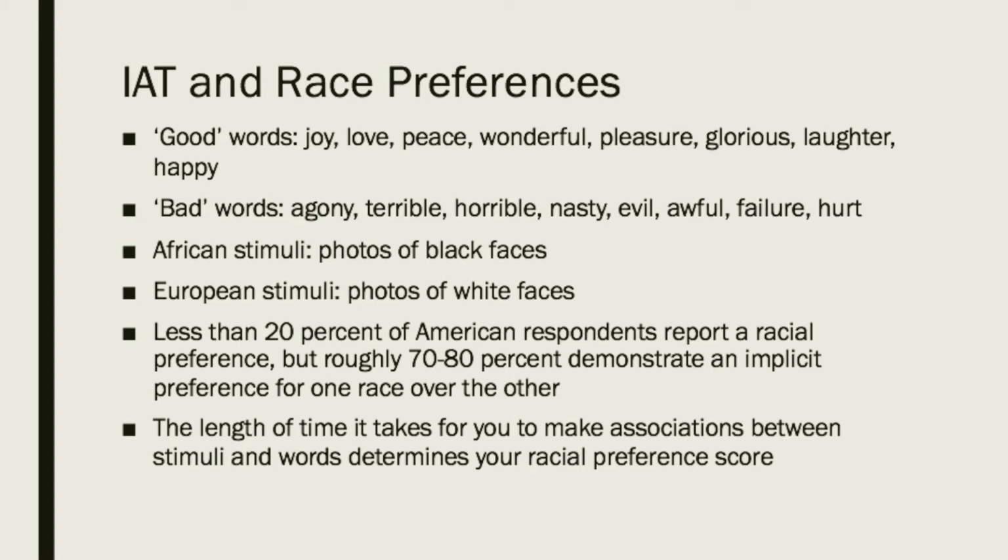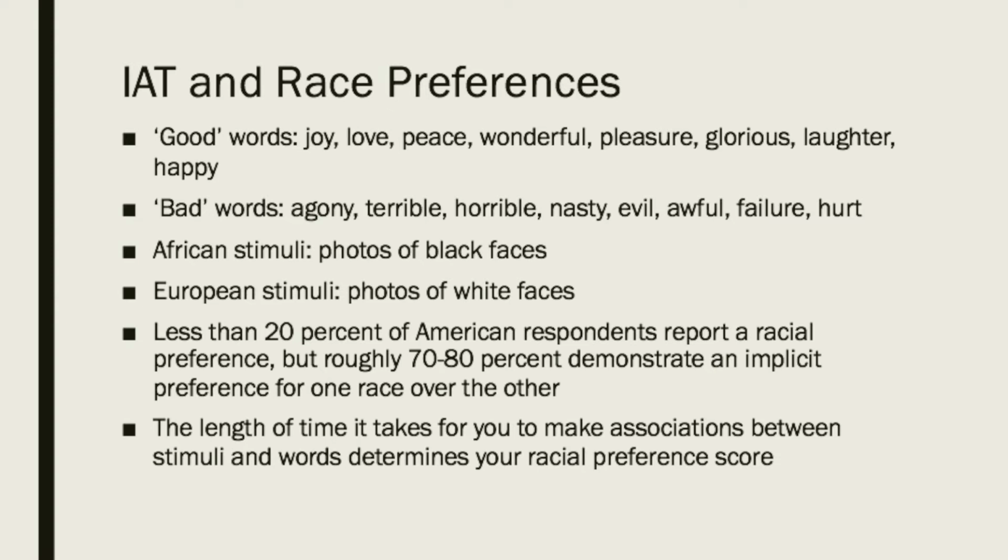Your score will depend on the length of time and the number of association mistakes you make when the associations are reversed. Still confused? Well, no worries. You'll understand soon enough. But for now, I just want to give you the statistics associated with the race IAT.